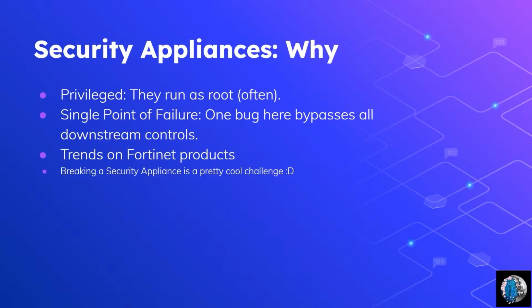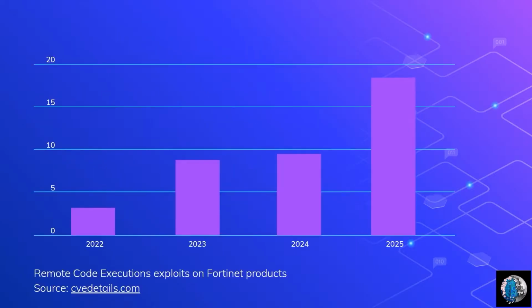Another reason, which is personal, is that breaking security appliances can be fun, because this is the device that was supposed to protect you, but eventually, because you put it in your organization, this is the reason you got hacked.